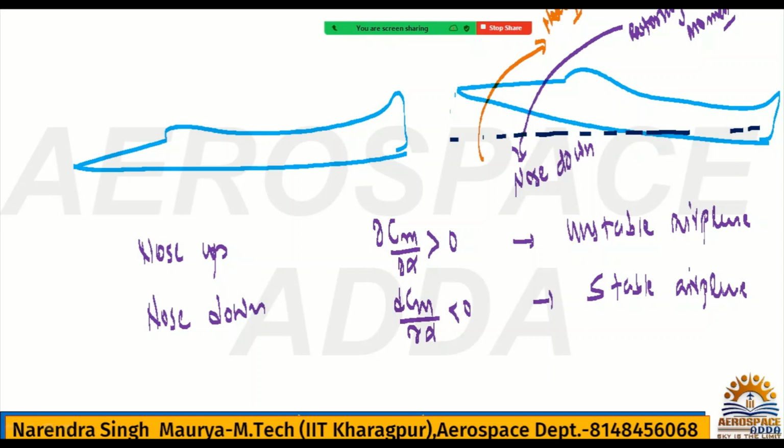So the pitching moment about CG must vary with angle of attack, such that any change in angle of attack produces a change of opposite sign in pitching moment about the center of gravity, will be called a stable airplane. So what is the required condition for static stability of the plane?